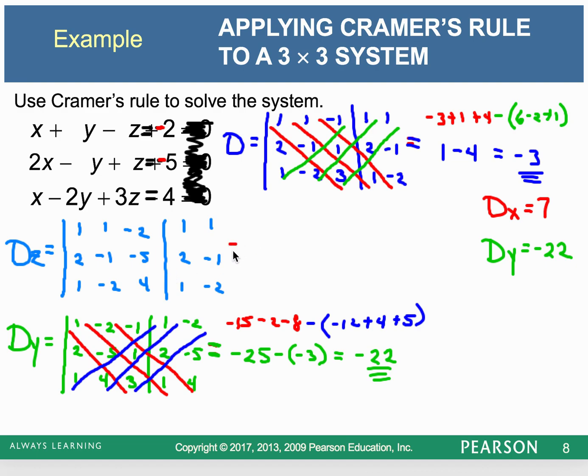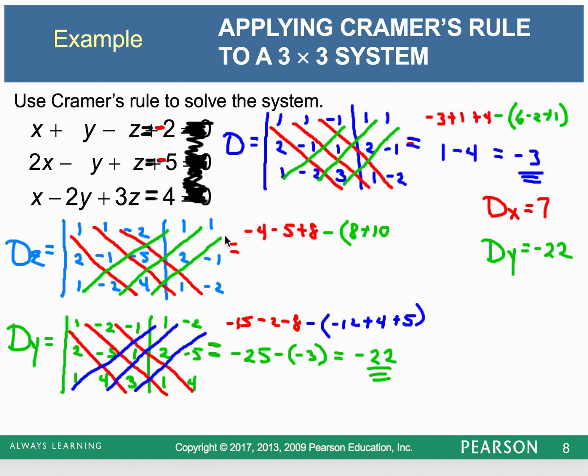And then this will equal negative 4 minus 5 plus 8 minus the other direction. 8 plus 10 plus 2.